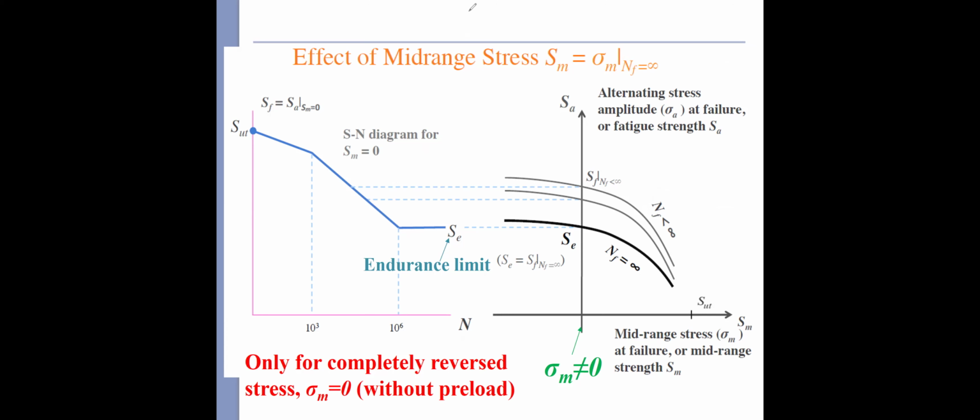So we can use the SN diagram to figure out what Se is, which represents the endurance limit. The SN diagram is only for completely reversed stresses, which means sigma m equals 0 and without preload.